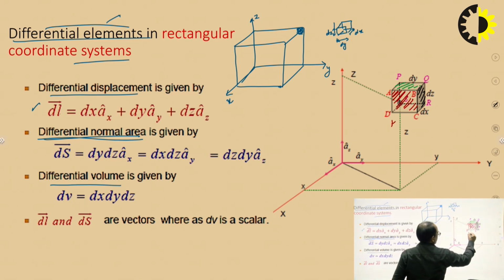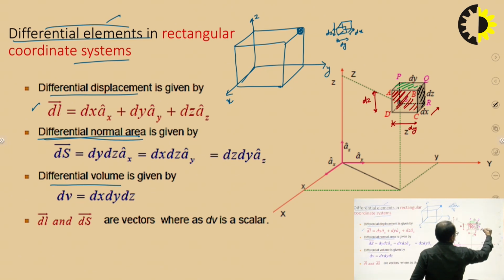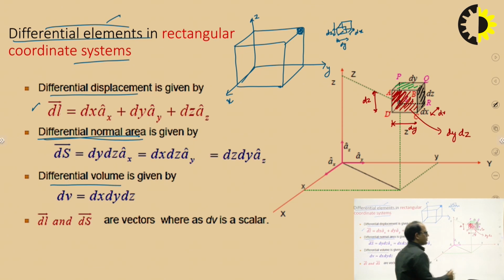This is dy, this is dz, and this is dx. So this area will be equal to dy into dz. Clear?